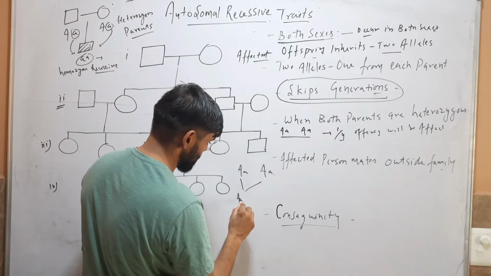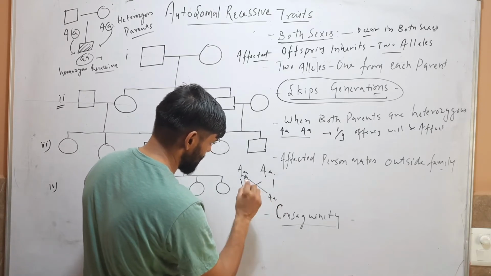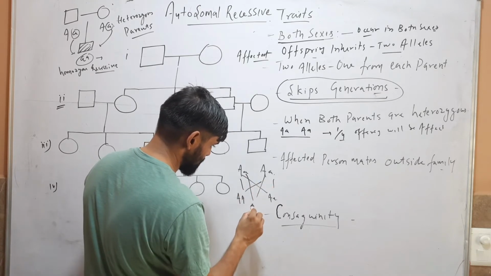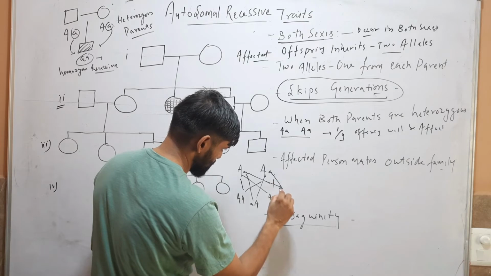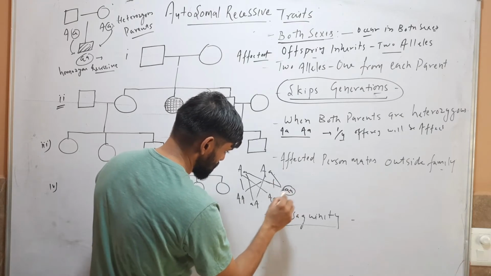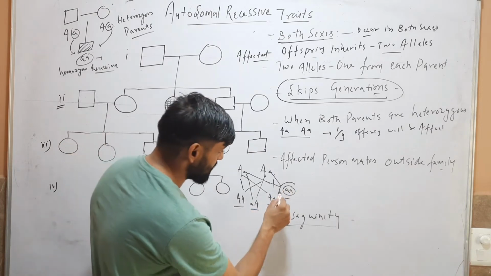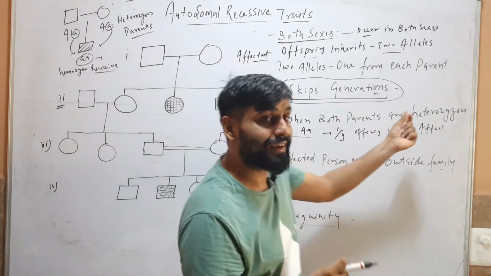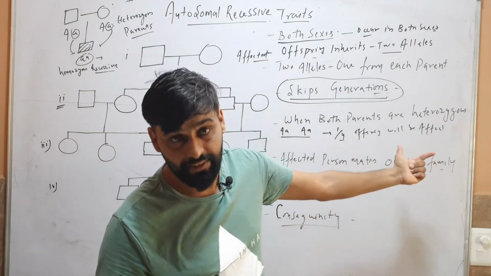I will make capital A, capital A; capital A, small a; small a, capital A; and this one small a, small a. So out of 4 combinations, 1 will be affected. So this will be affected. When both parents are heterozygous, 1/4 of their offspring will be affected.